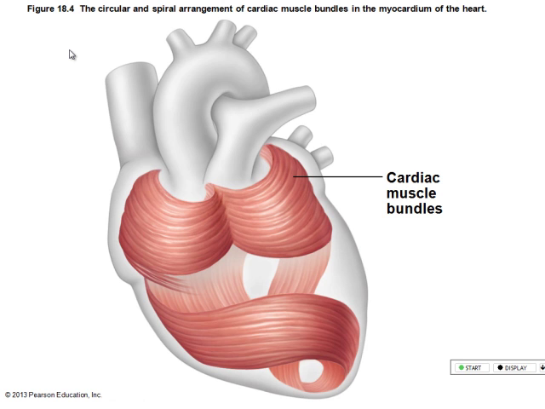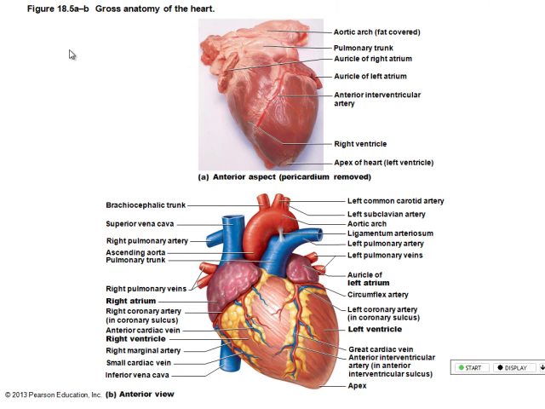And when we look at cardiac muscle cells, we're not going to see the straight line telephone poles like we saw in skeletal muscle. We're going to see cells that branch so that we can create these movements, that pump-like movement in the heart. So cardiac muscle bundles go in many different directions so we can create that pumping action.